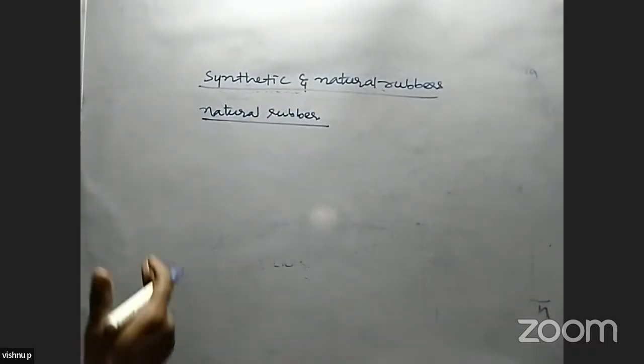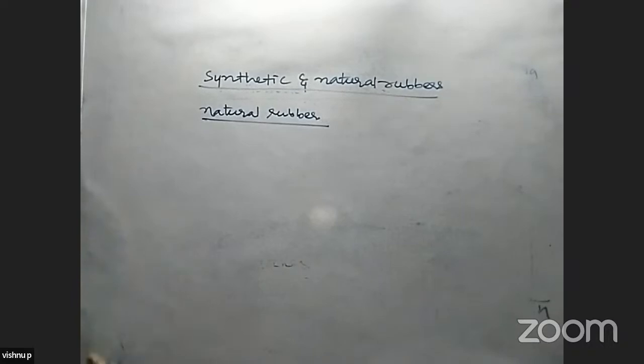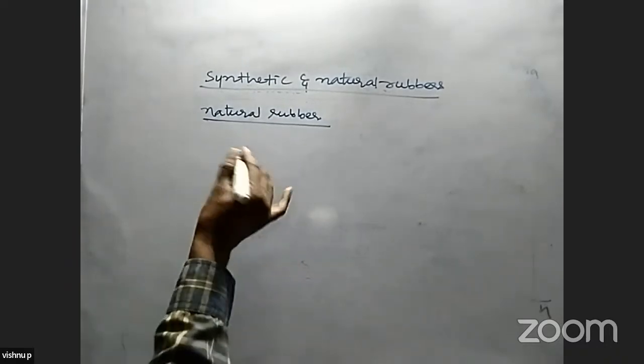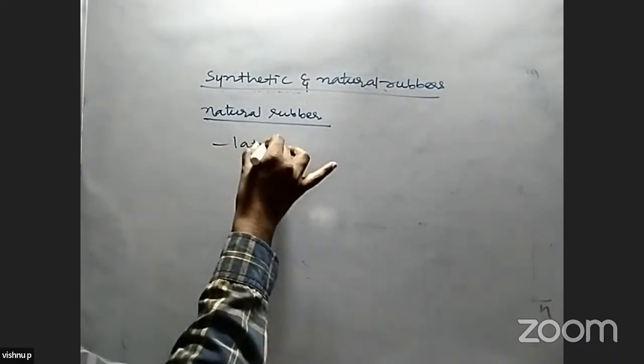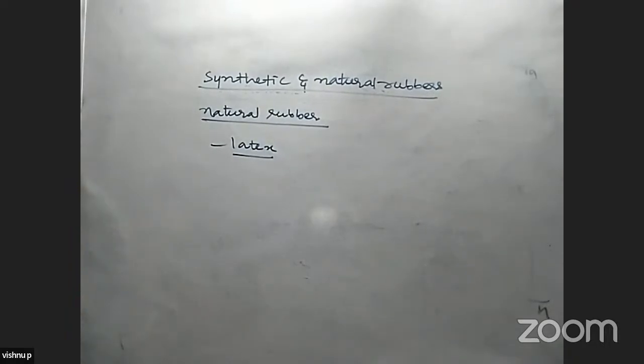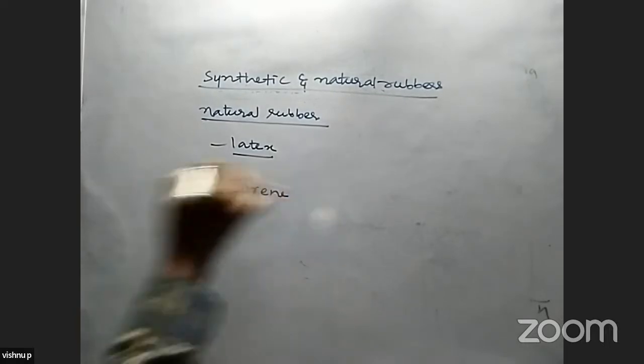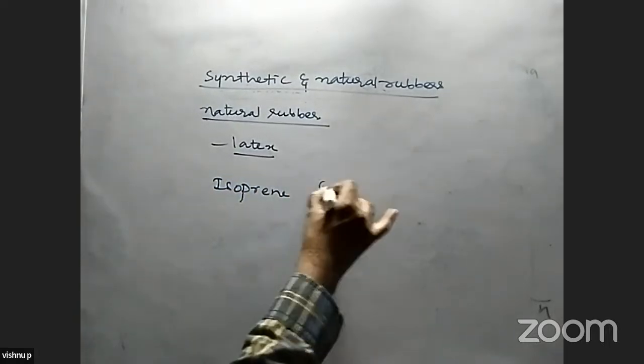When trunks are cut, a semi-solid white color compound is formed from the trunks. That compound is called the latex of the rubber tree. That latex contains isoprene units. What is this isoprene unit?